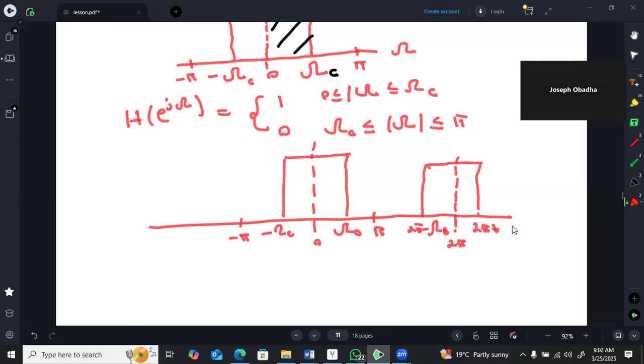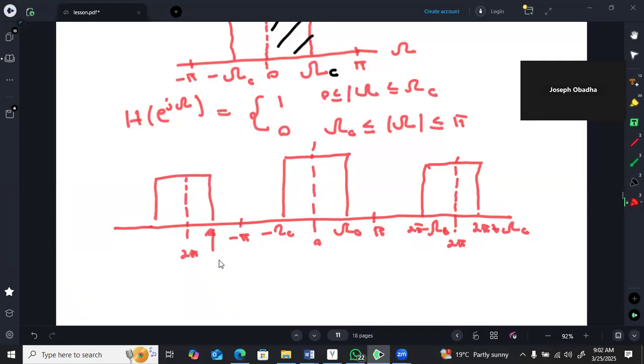Omega c, to write it well. The same will repeat itself on this side, 2 pi. I will have the same response here.